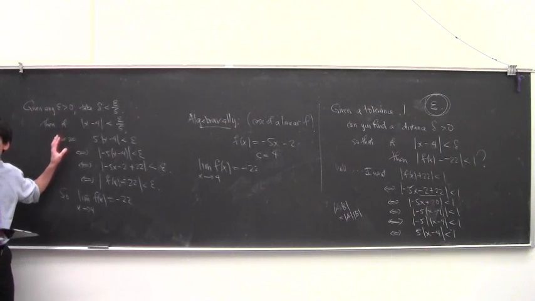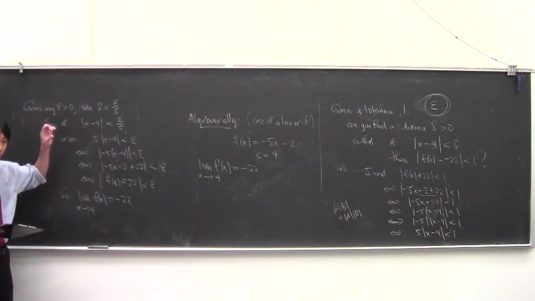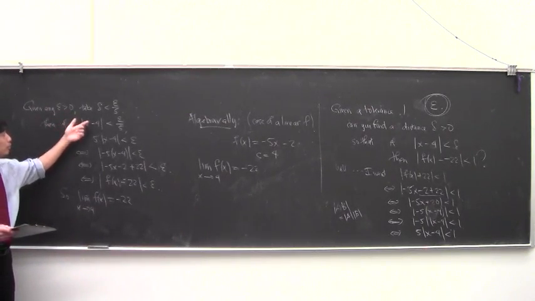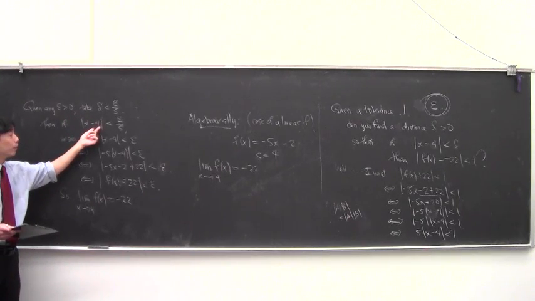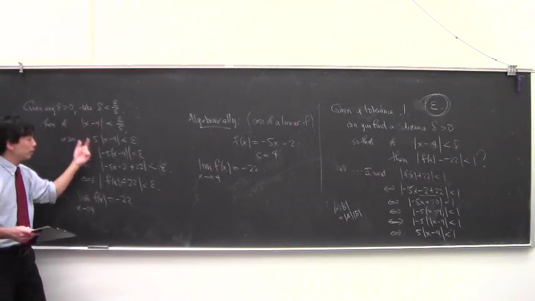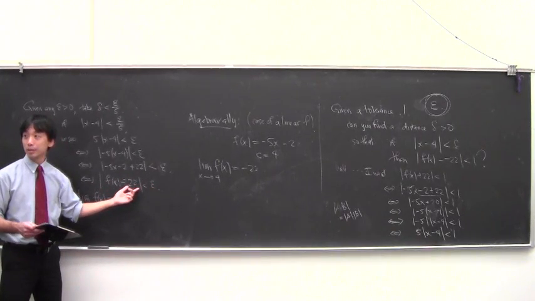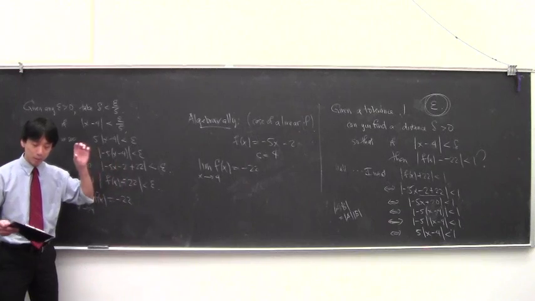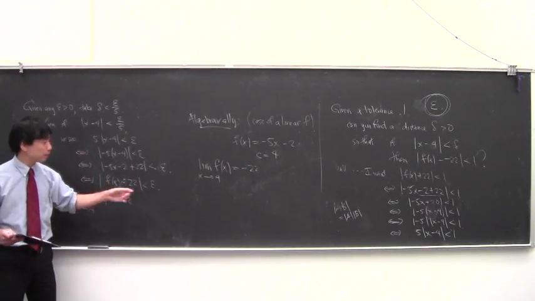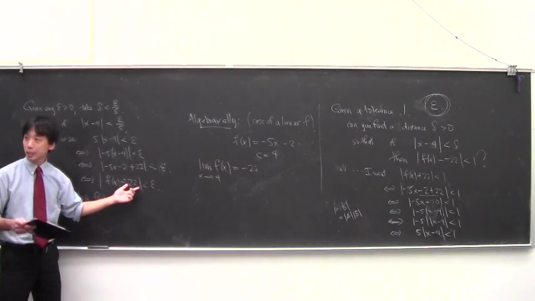So remember the game. The game is, given some tolerance, can you find a distance to 4 so that the function is within that tolerance of the limit? Somebody says, I'd like you to stay within a certain tolerance of this number. Can you do it?